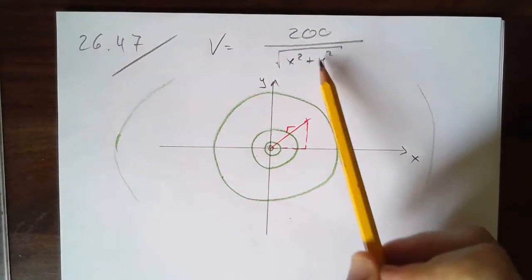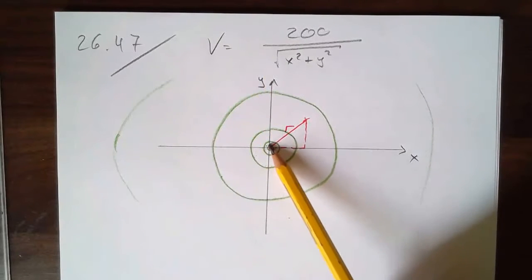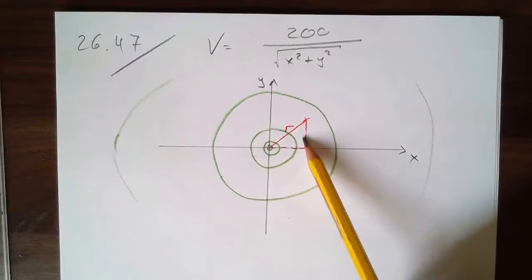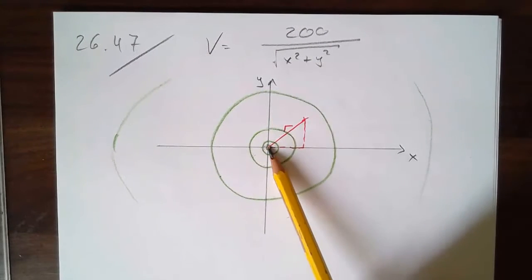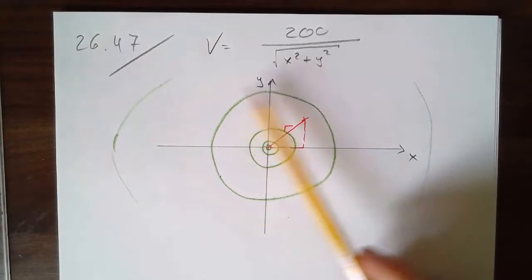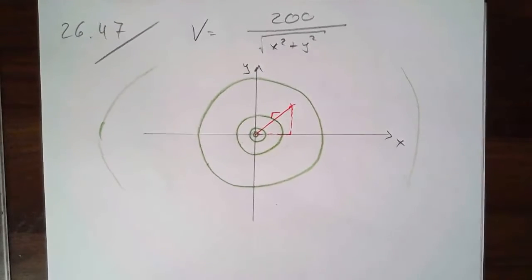It's like 200 divided by radius. So the potential here falls off as 1 over radius, and you get circular equipotential lines. As long as it's the same distance from the center, same voltage. So perfect circles. Better than I can possibly draw them, of course.